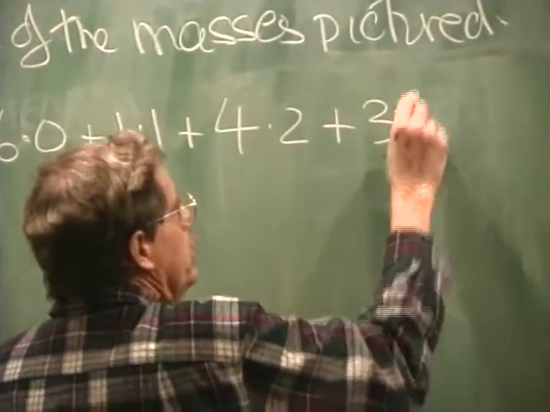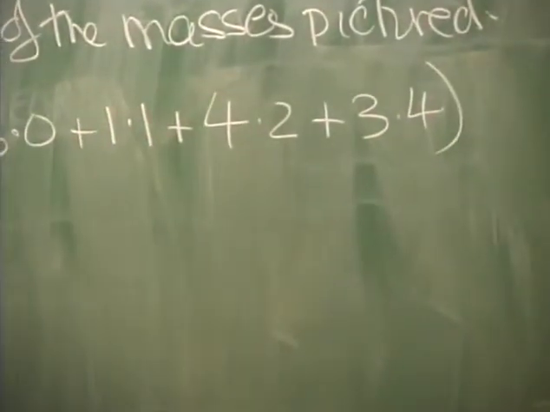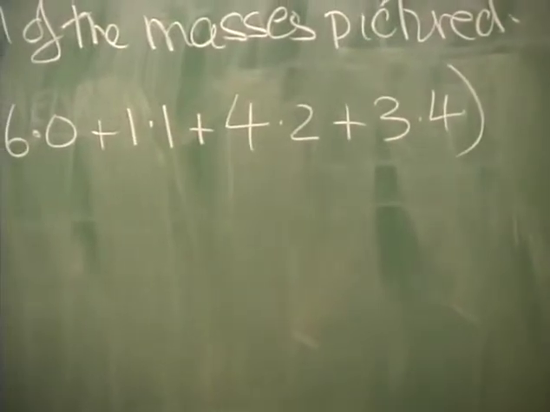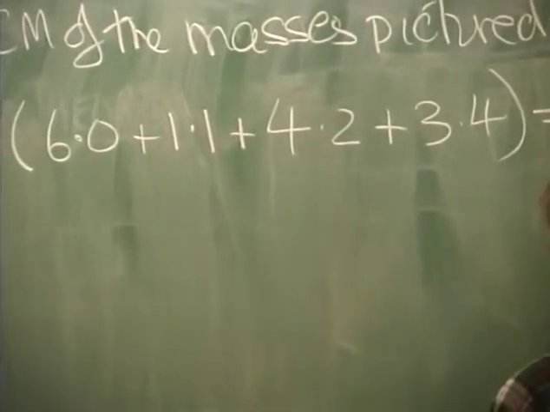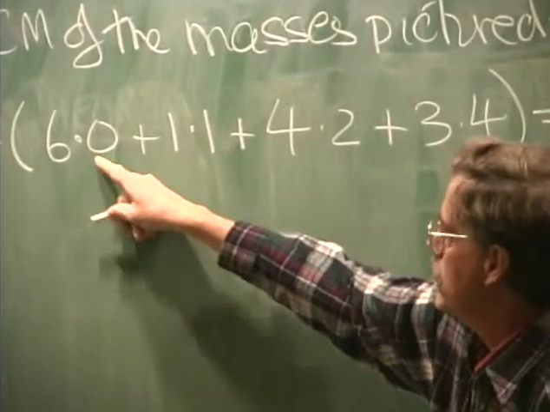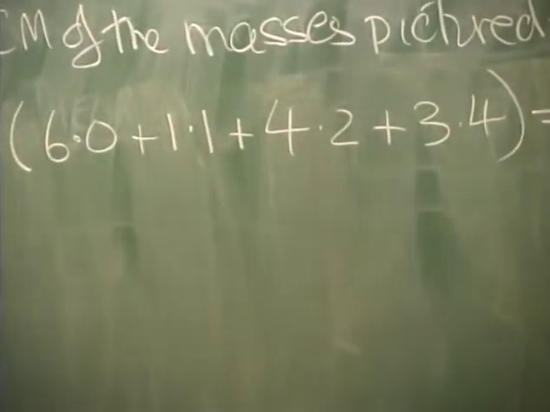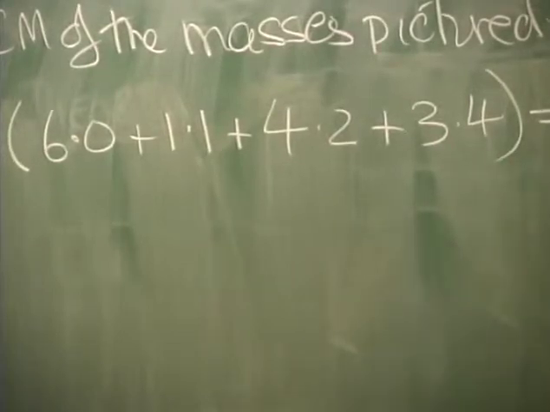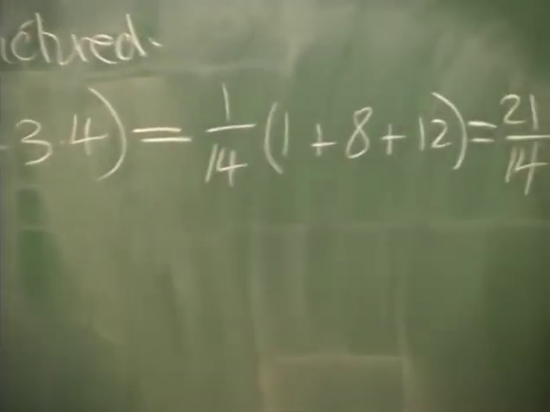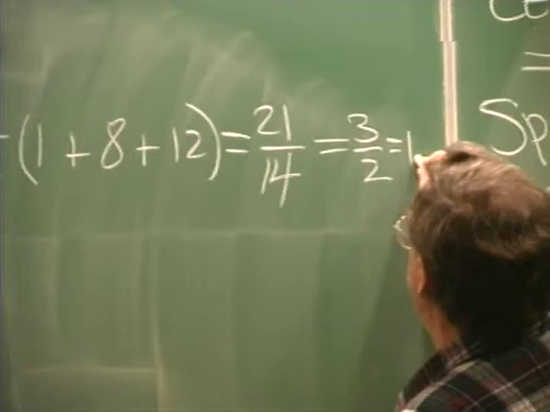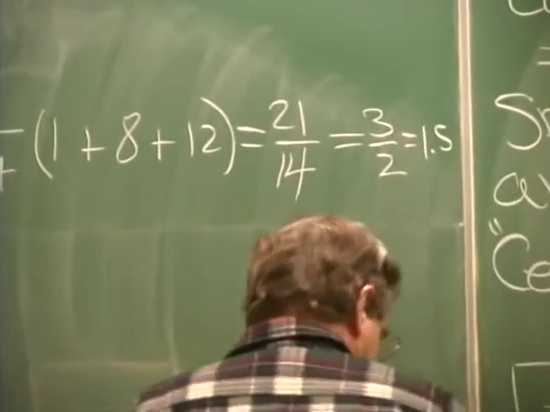See how it goes? Very easy. 0 plus 1 plus 8 plus 12 is 21 over 14. How nice. 7 goes into those. 3 over 2. 1.5. So let's put that in here.